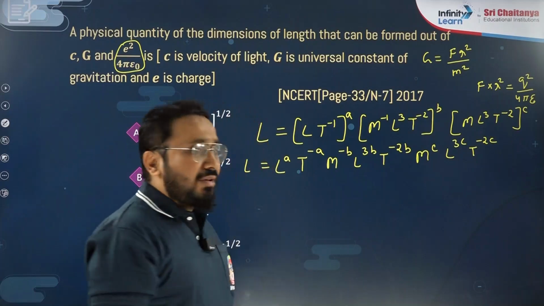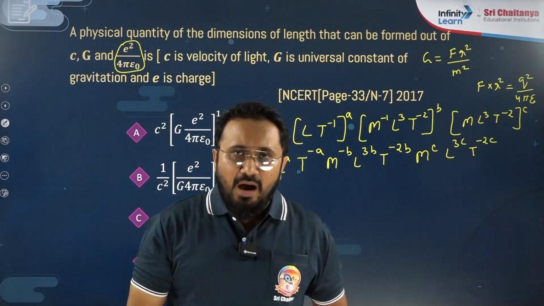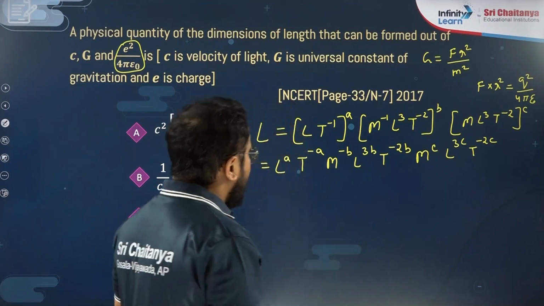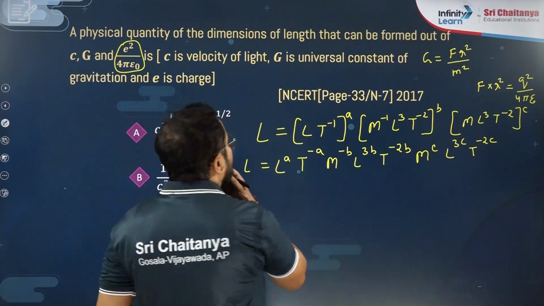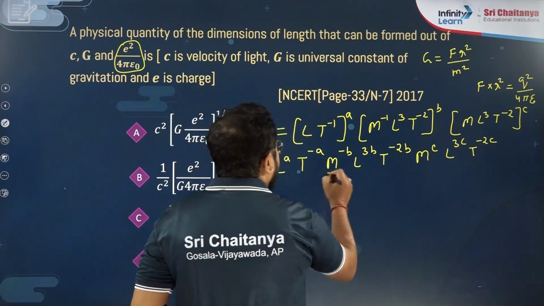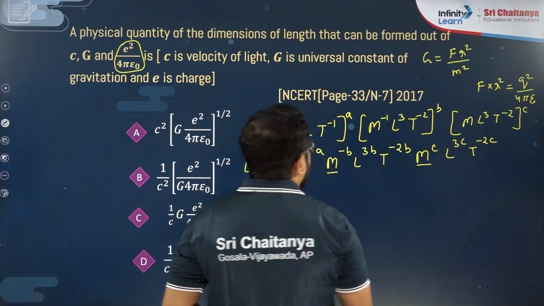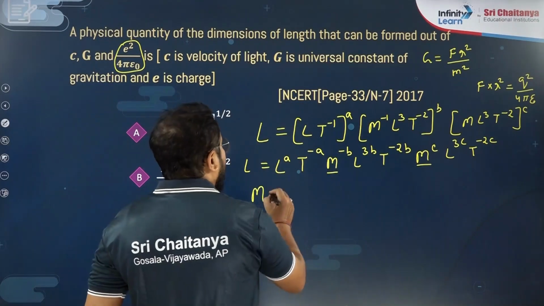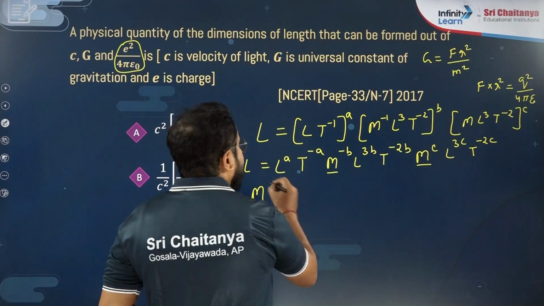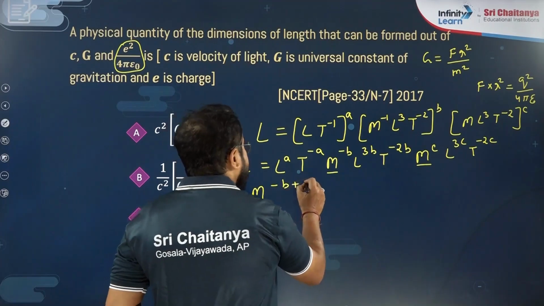Now everybody knows the basic exponents, how to solve the exponent. When we solve the exponent, take all the masses together. So from masses we will get the equation: M to the power 1 minus B plus C.